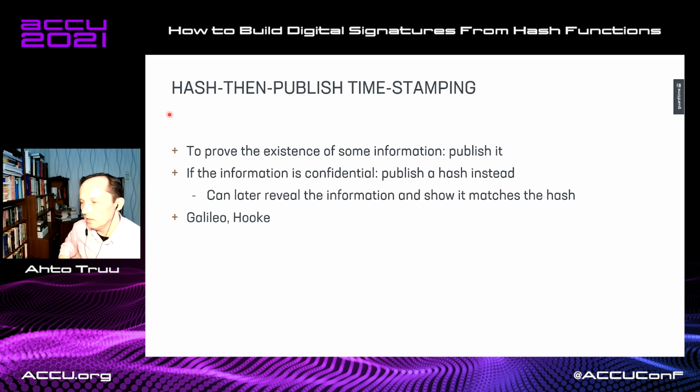Another way is, if you want to prove the existence of some information, you can just publish it. And if the information itself is confidential, then you publish a hash value instead. This is a model that I already hinted at when we were discussing placing bets on the result of the football game this weekend.